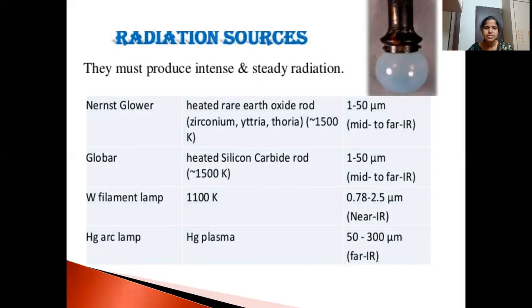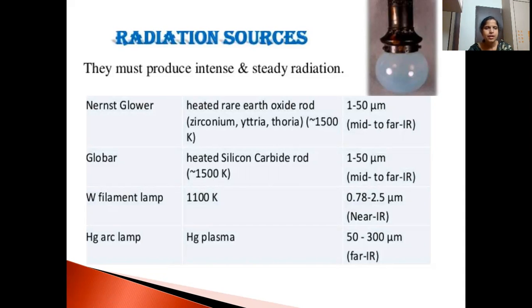When these oxides are heated up to 1500 degrees centigrade, they produce IR radiation in the range of 1 to 50 micrometers. That means they fall in the mid to far IR.